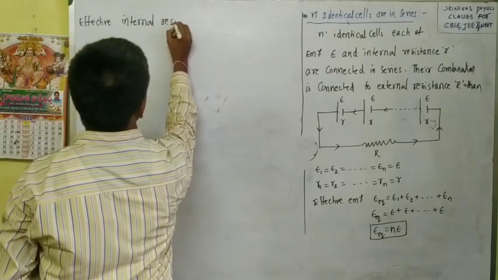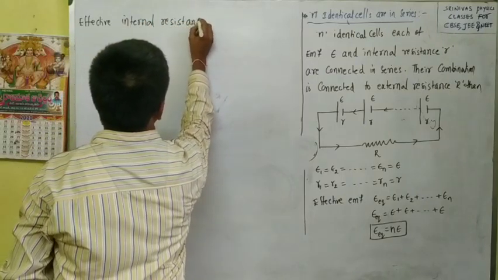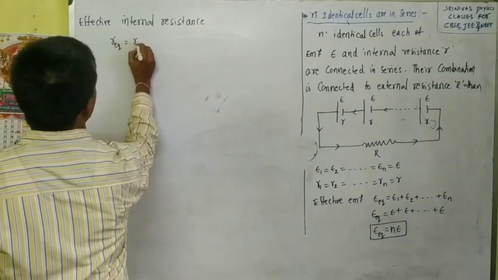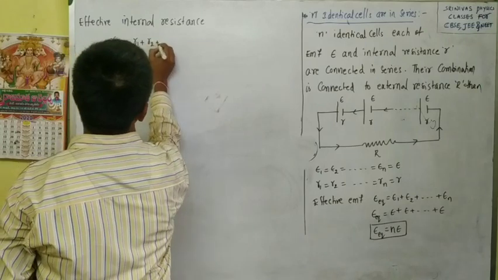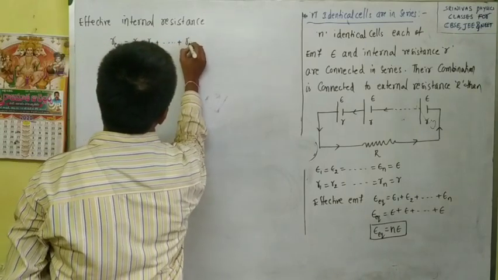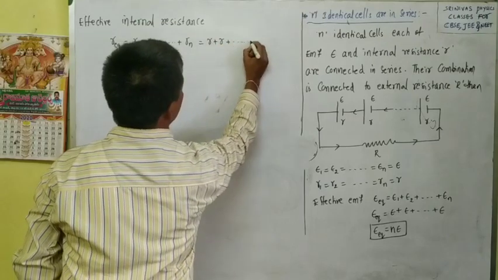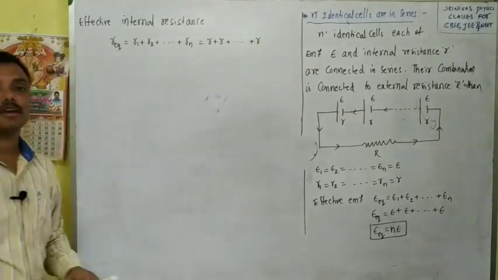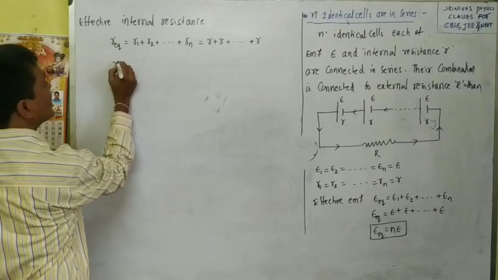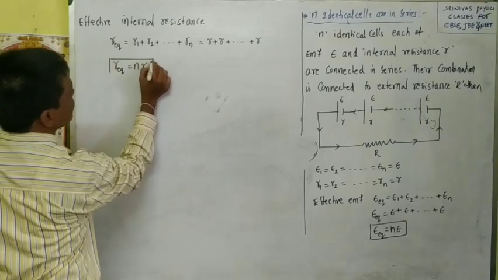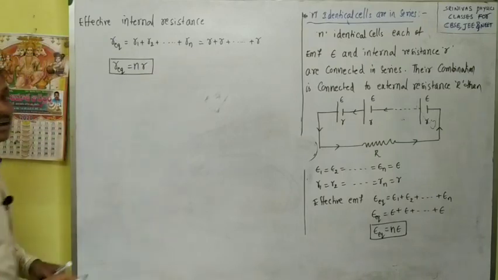In the series combination, R equivalent is equal to R1 plus R2 and so on to Rn. But all are the same, identical cells. All the cells have the same EMF and the same internal resistance. Then the equivalent resistance we will get is nr, where r is the internal resistance of each cell.